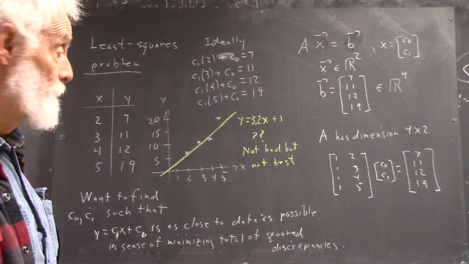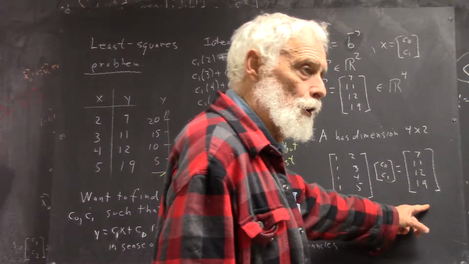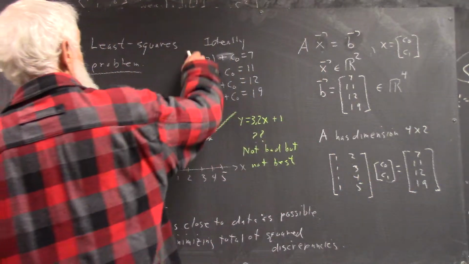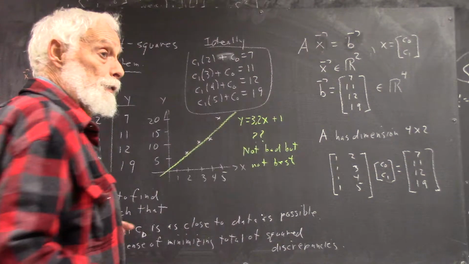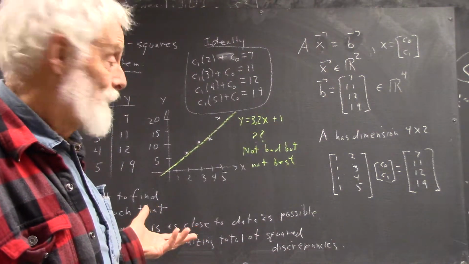Okay? So you multiply these, and you hope to get these. So this matrix equation just represents this ideal situation, right? It's not achievable. You can't solve it.